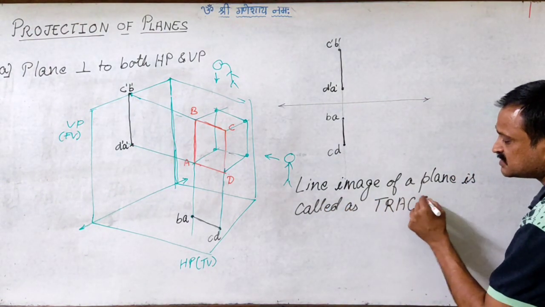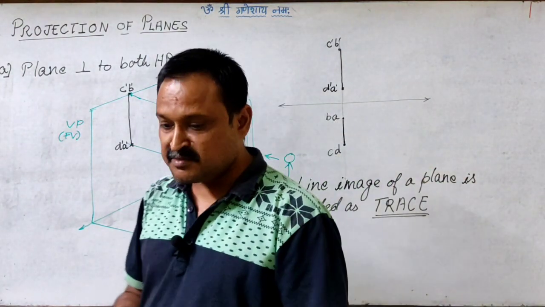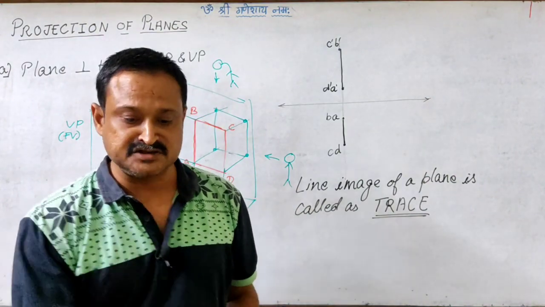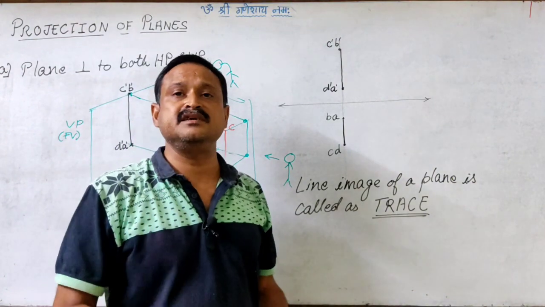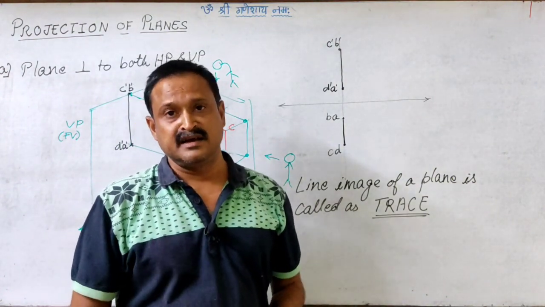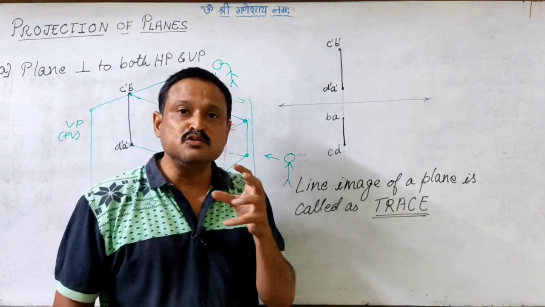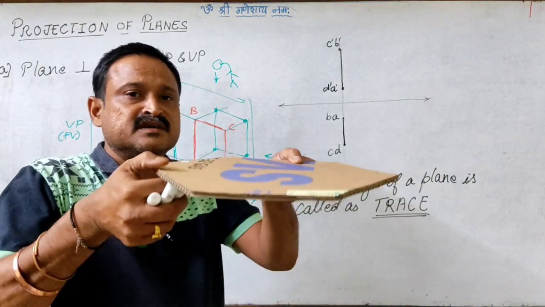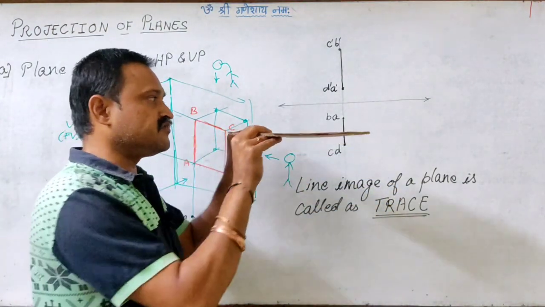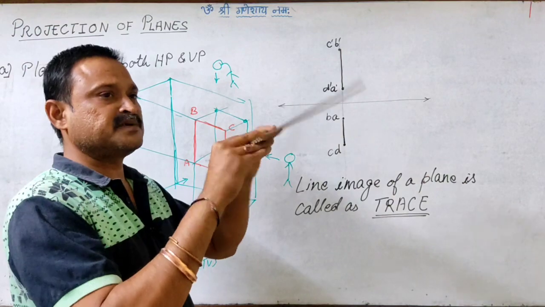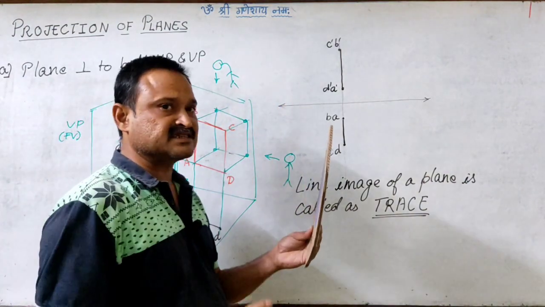So the trace of a plane will always be a line image. And when can we see the line image? Only when the plane gets perpendicular to the reference plane. So if this plane gets perpendicular to VP, either this way or this way, then I'll be able to see its line image or the trace.